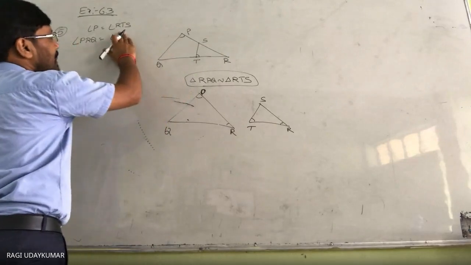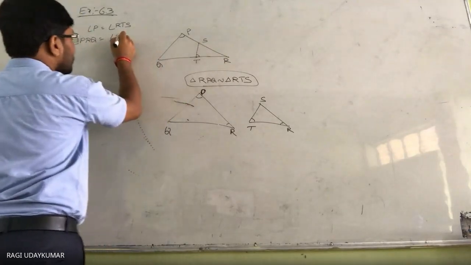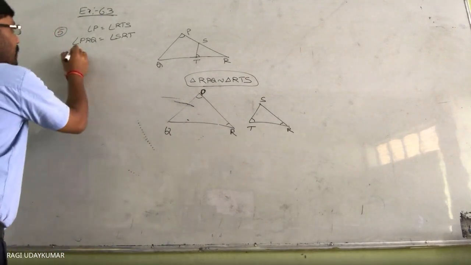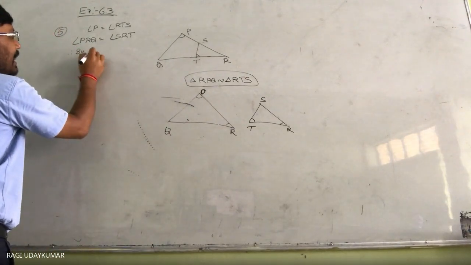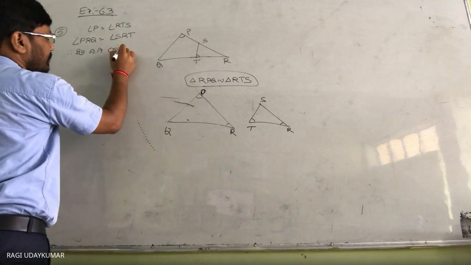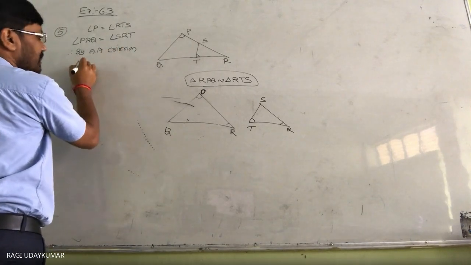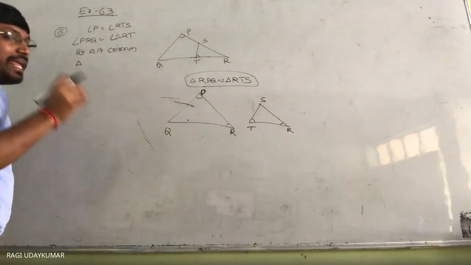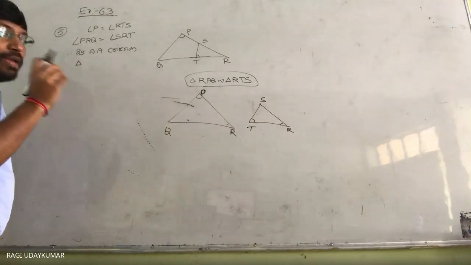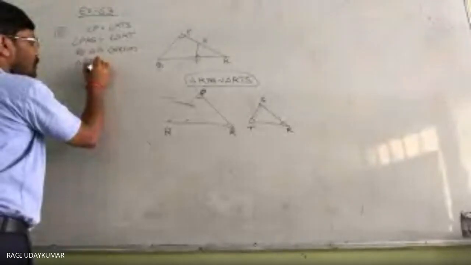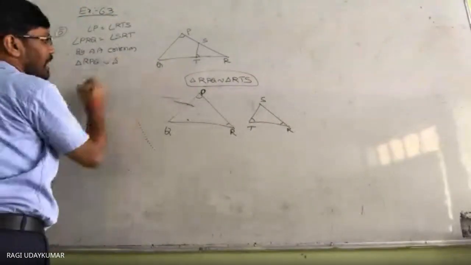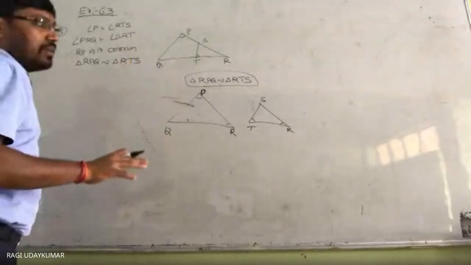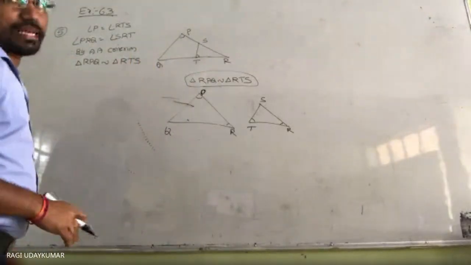And the small triangle, SRT. Therefore, directly you can write by AA criterion, you can say that, naming is very important, triangle RPQ is similar to triangle RTS, not RST. And it is not ST, it is RTS. Okay?